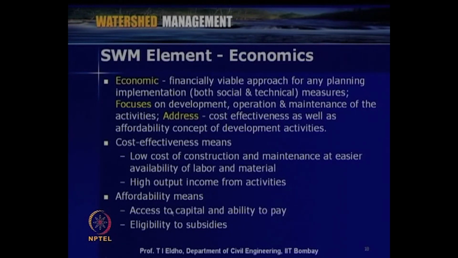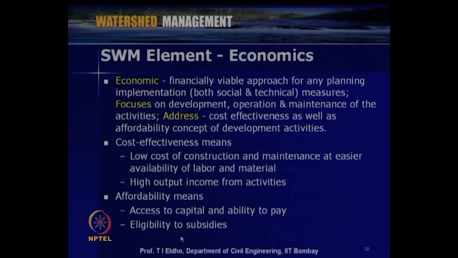Then affordability means access to capital and ability to pay. So, if we are looking at a particular watershed management plan, whether we can meet the expense, or whether we can borrow the capital, and once it is borrowed, whether the particular agencies or groups can pay it back.